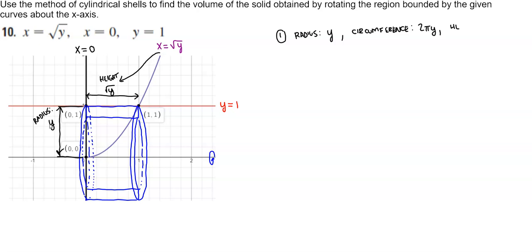And then the height represents the function, which is the square root of y. Okay, so then we need to know what represents a and what represents b. Since we're dealing with y, we're going to look at the y values as our endpoints. So we know that the lower bound is 0 and the upper bound is 1.